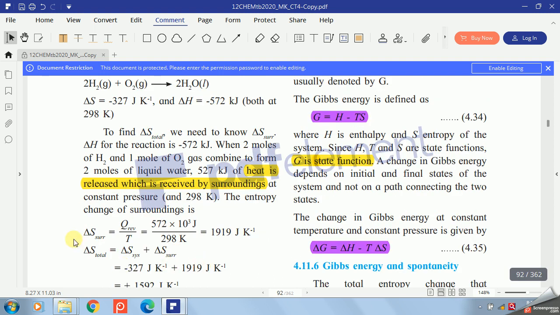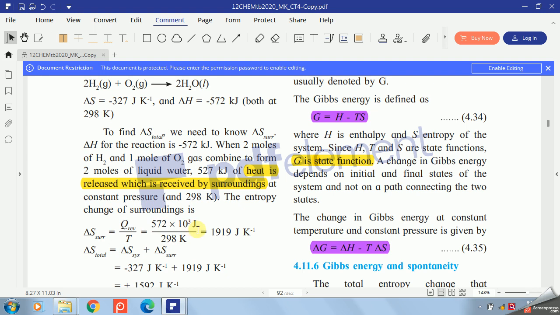So what is the entropy of the surrounding? It is Q reversible divided by T. So it absorbs 572 kilojoule, meaning 572 into 10 to the power 3 joule.